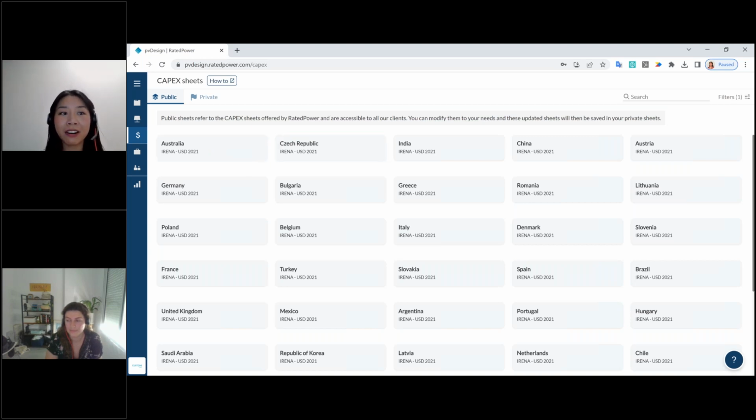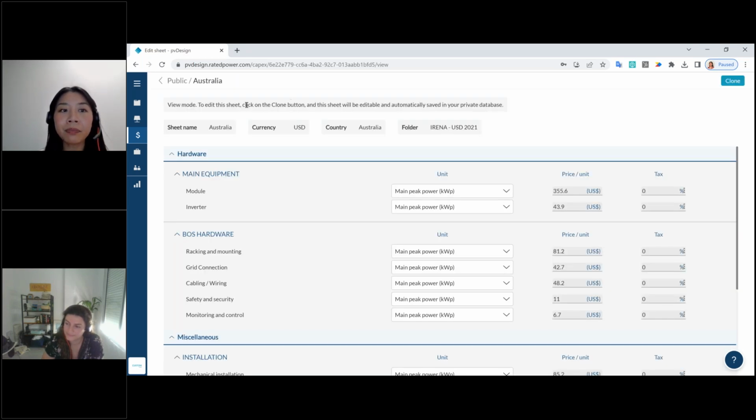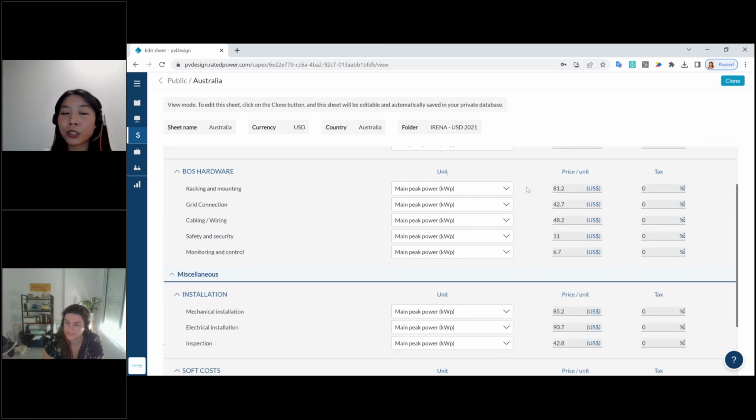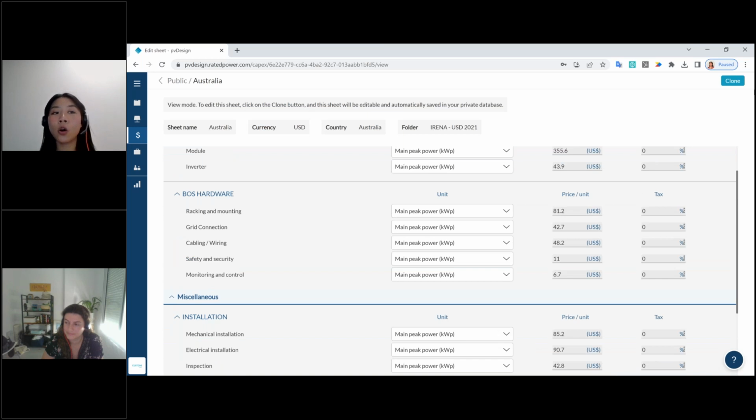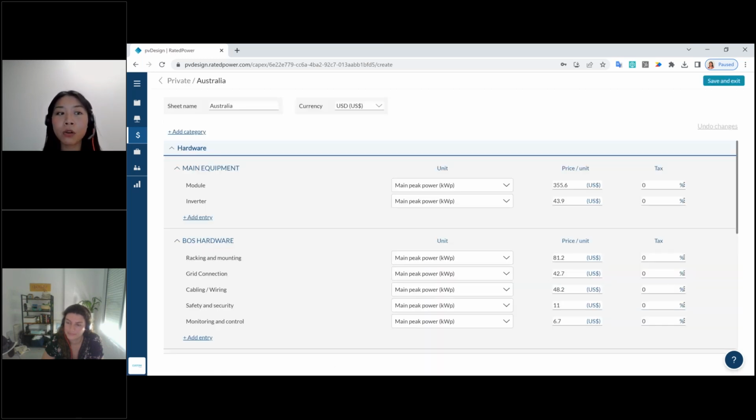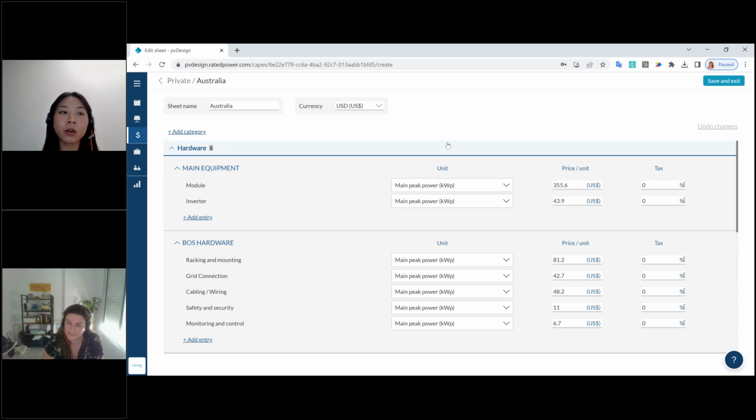We do not, however, vary this depending on the size of your plant. So if you want to develop, for example, in Australia, you can use the templates that we have prepared for you. We do encourage the users to clone the sheets and build their own CapEx sheets, which is more recent and matching better with your suppliers or the market price.